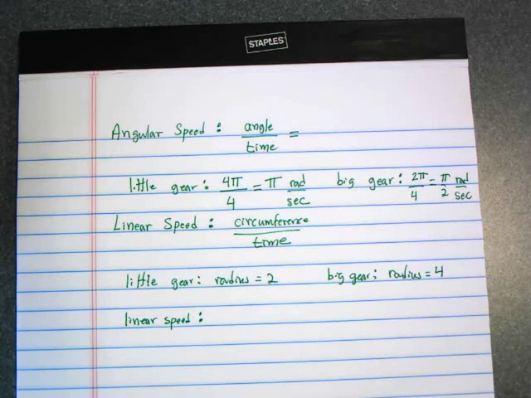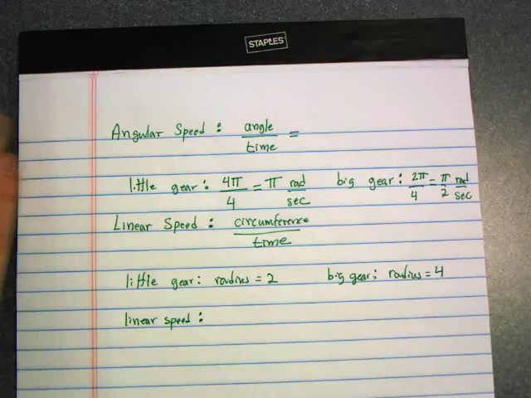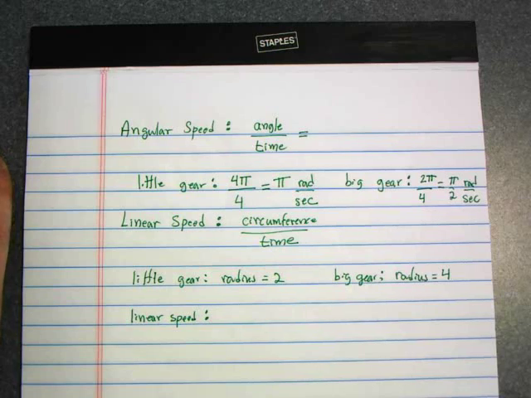But if it went 1 revolution, how far would it roll? I want an exact number. Back to the picture here. If it goes 1 revolution, 2 pi. Is it the period? If it goes 1 revolution, how far would it roll?